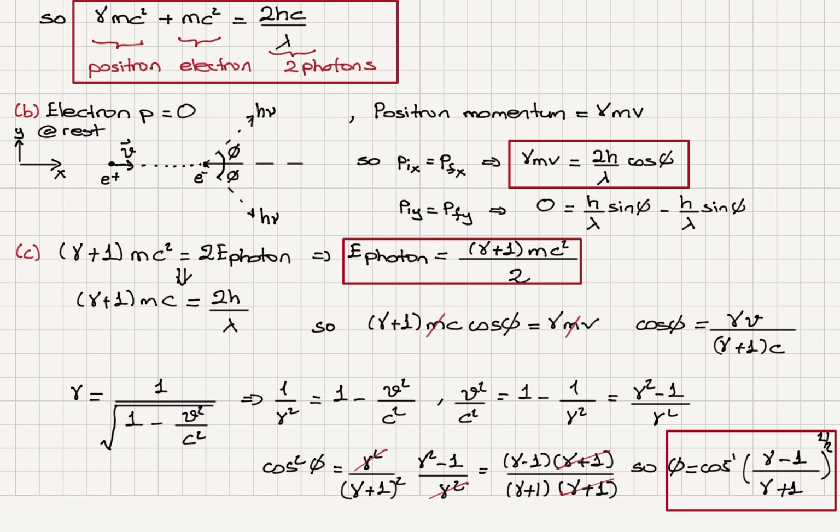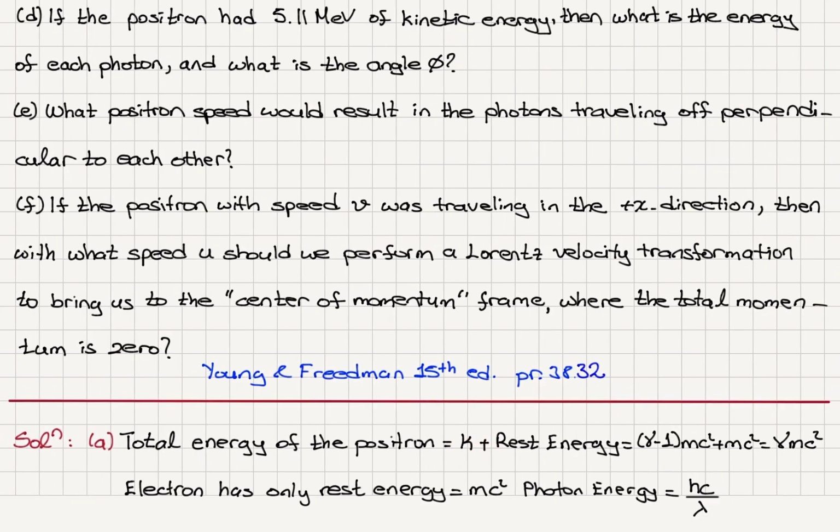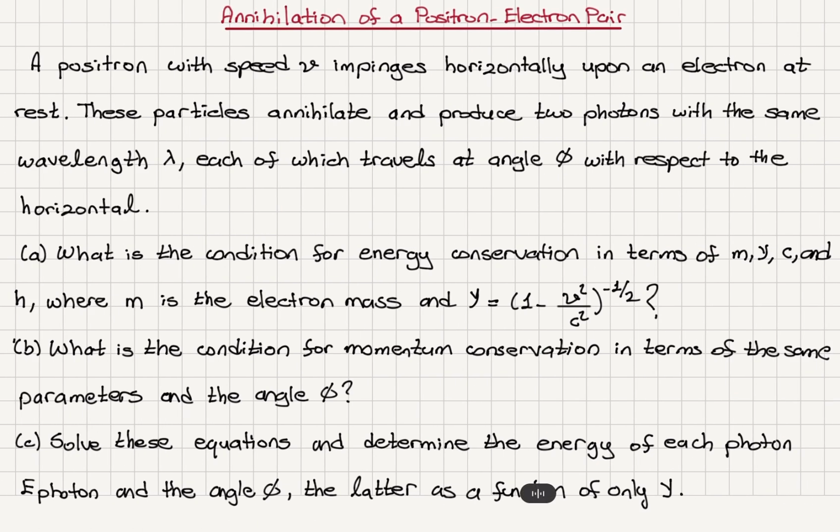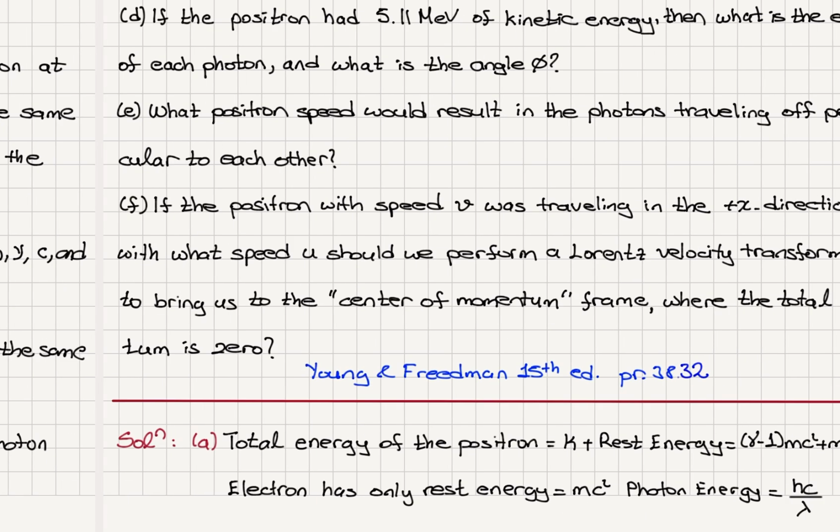For this situation, we want to write the energy conservation, and we have the positron energy consisting of its kinetic energy, gamma minus 1 mc square, and its rest energy, mc square, that's gamma mc square. For the electron, we only have the rest energy, mc square. This must be equal to the energy of the two photons, 2hc over lambda. Remember that we were told that these photons have the same wavelength. So they have the same energy.